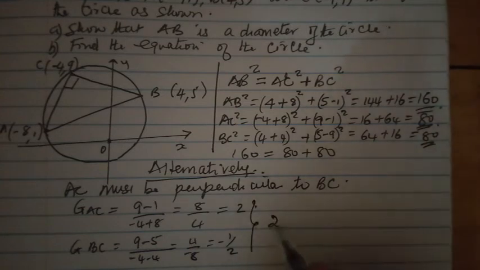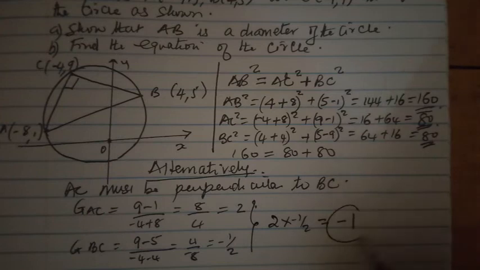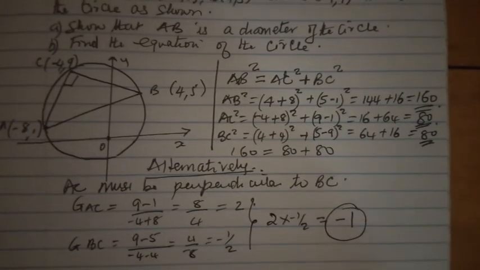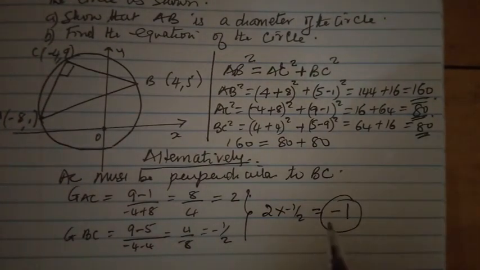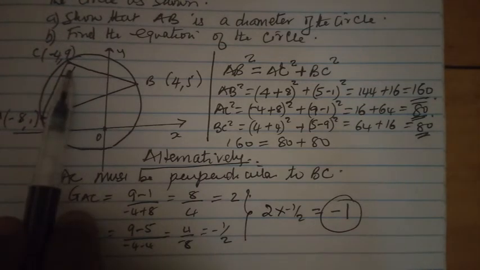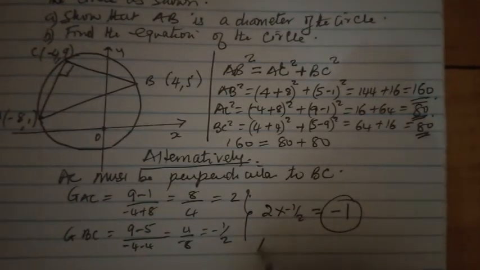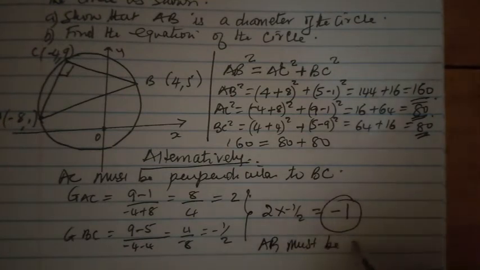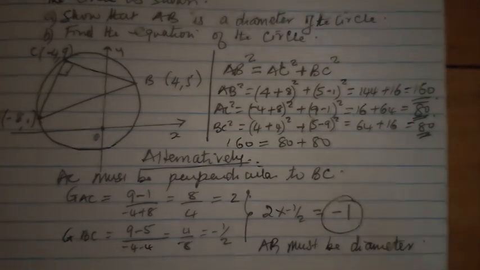Sure enough, 2 times minus a half is definitely negative 1. That shows the two lines are perpendicular, and if that angle is 90 degrees, then AB must be the diameter. You can use either way to prove it.